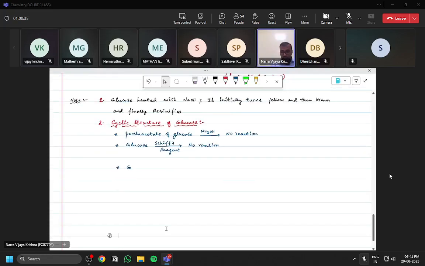Now Brady's reagent. Brady's reagent is 2,4-dinitrophenylhydrazine, also called the 2,4-DNP test. With Brady's reagent also, no reaction.